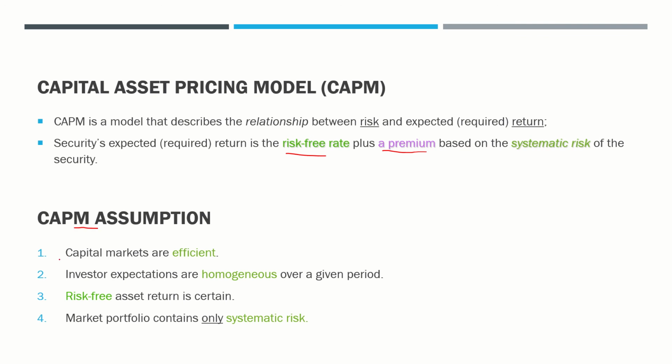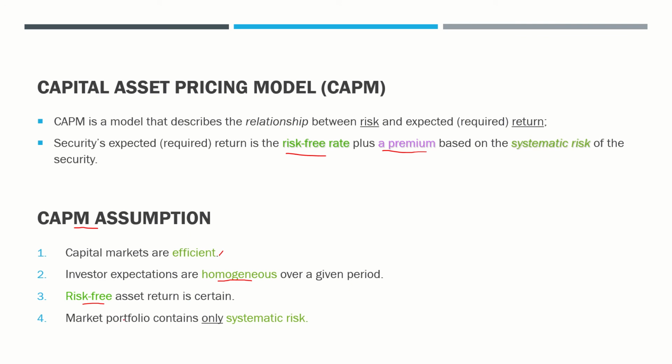Ya. Yang pertama adalah capital markets are efficient. Apa maksud capital market are efficient? Pasaran modal tu kita tahu all the information. Jadi dia efficient. Investor expectation are homogeneous over a given period. Homogeneous ni maksudnya apa? Sama je. Investor punya expectation tu sama. Ya, risk free asset return is certain. Kita tahu berapa risk free asset.